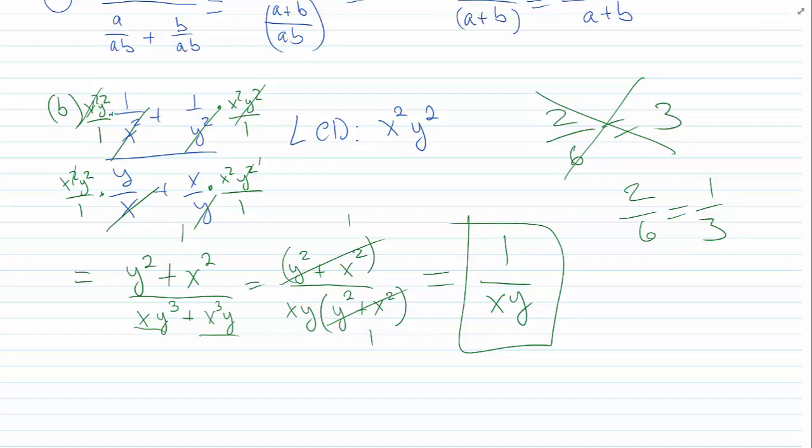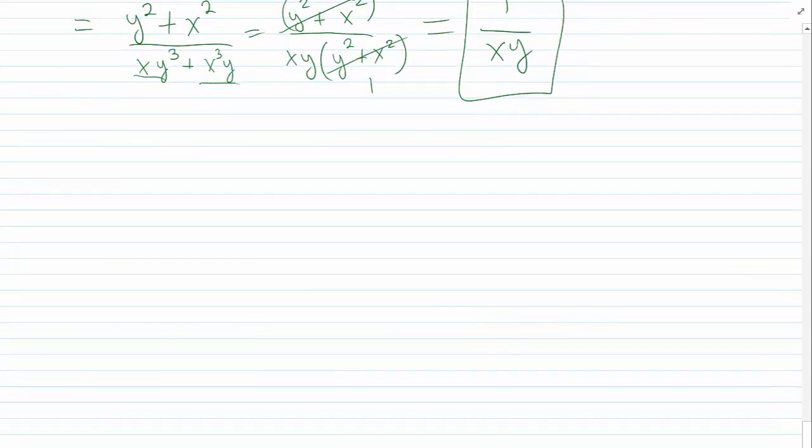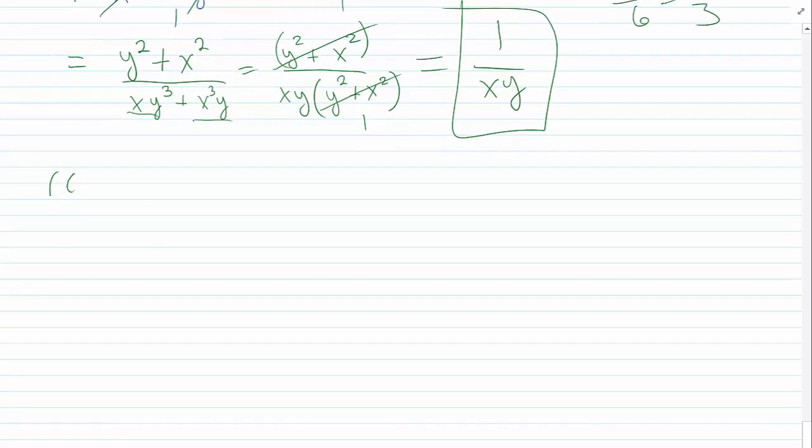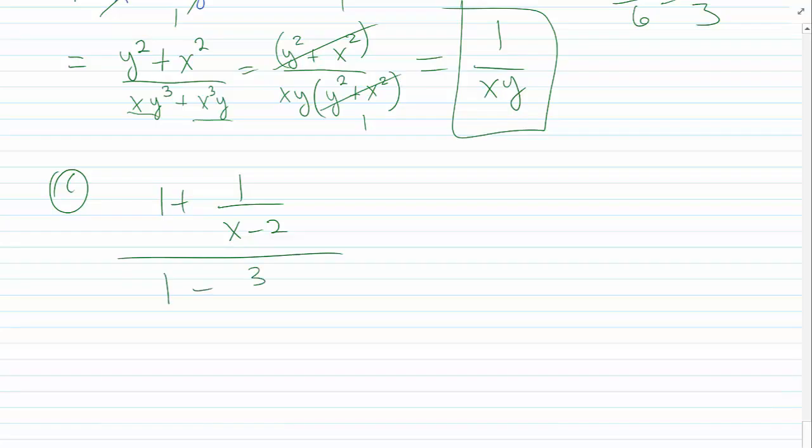Okay. All right. So part C, we got 1 plus 1 over x minus 2, over 1 minus 3 over x plus 2. LCD. All right, so I'm going to use the same method if you don't mind, right?